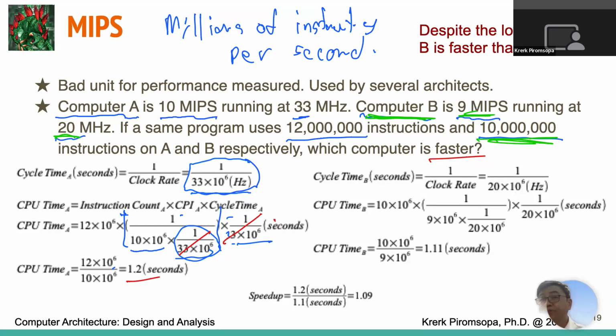So you compile the software, run it on processor A, and it would take 1.2 seconds.